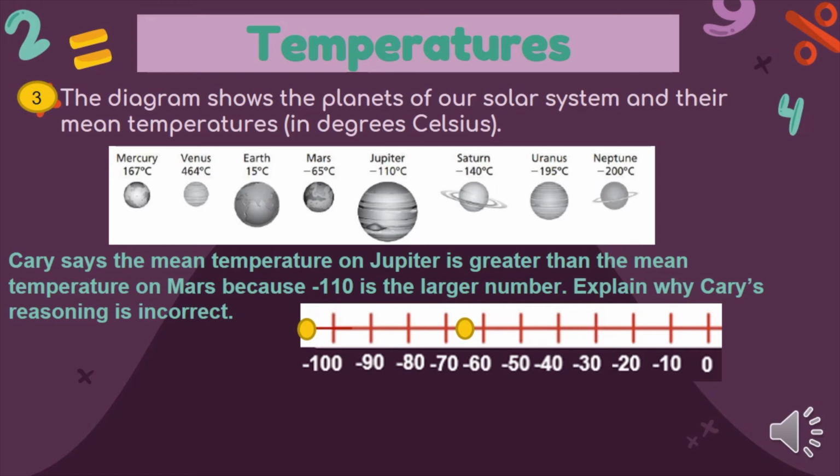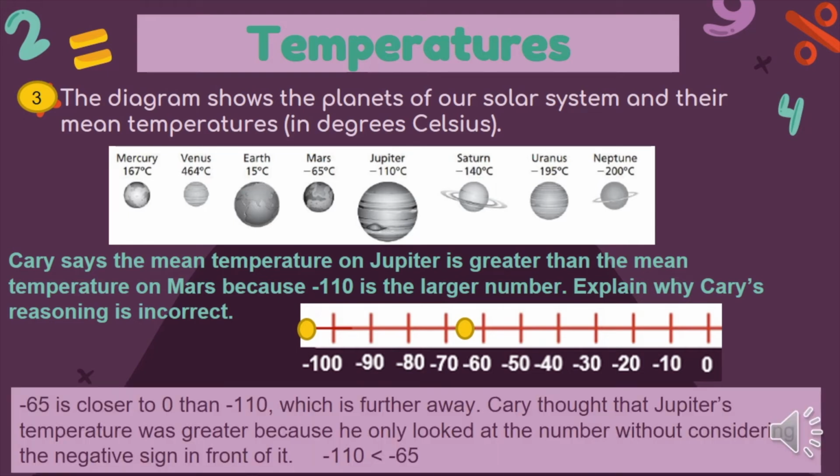That's right, negative 65 is closer to 0. Carrie thought that Jupiter's temperature is greater because he must have just looked at the number itself, 110, without considering the negative sign in front of it. Because actually, negative 110 is less than negative 65. And we can see that on our number line.